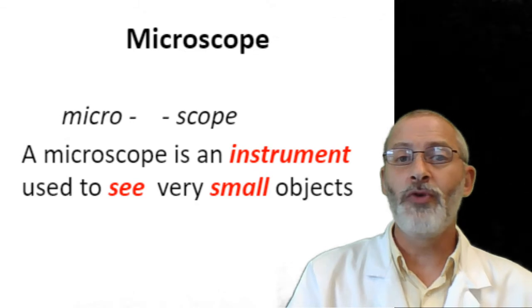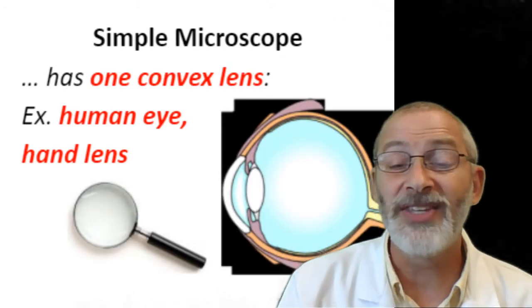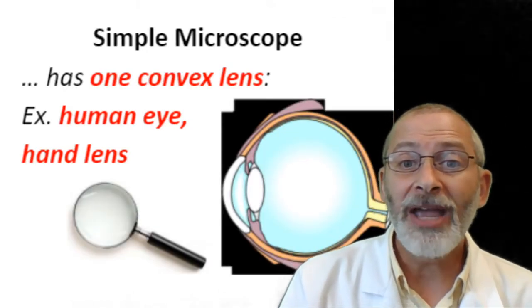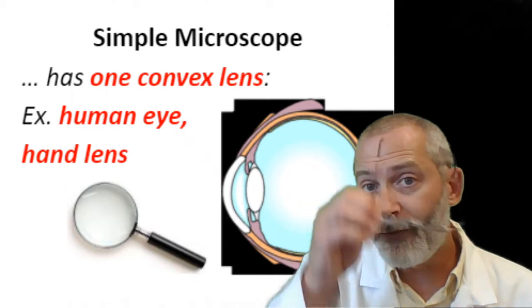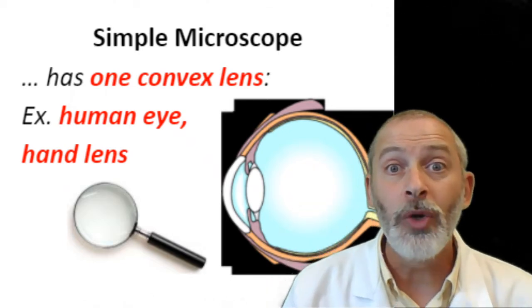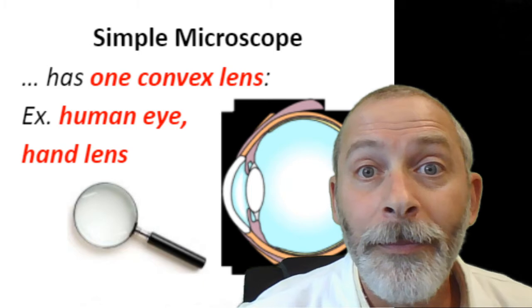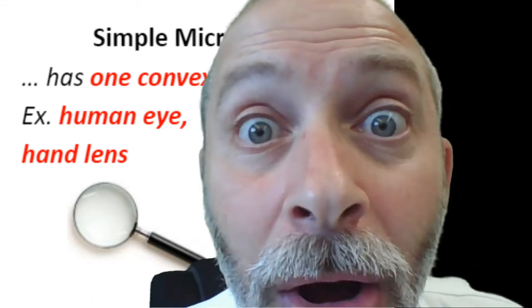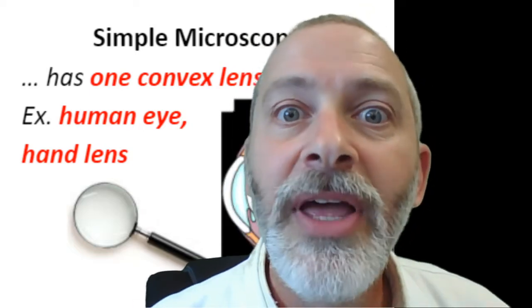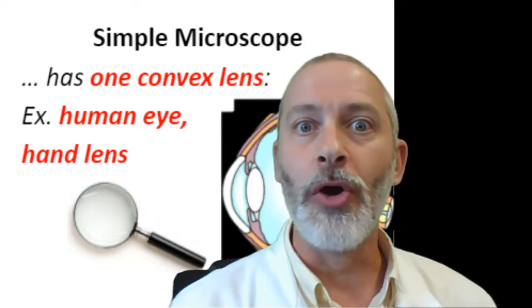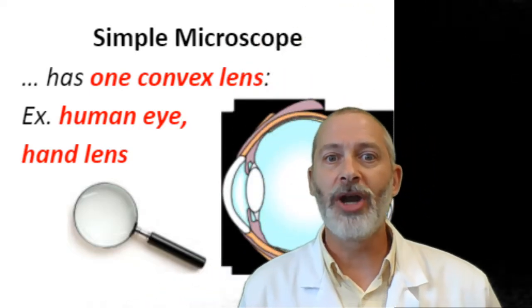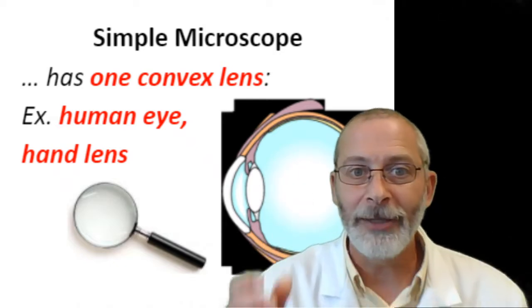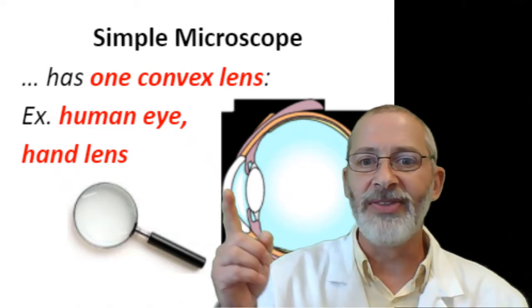The simplest form of microscope is called a simple microscope, and you all have two of them on you right now. Your eyeball. The human eye has a lens.